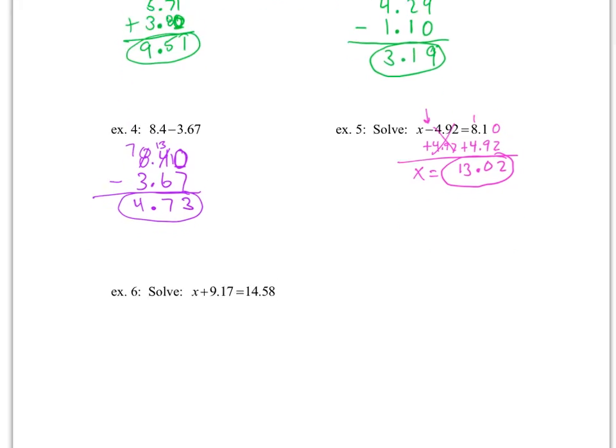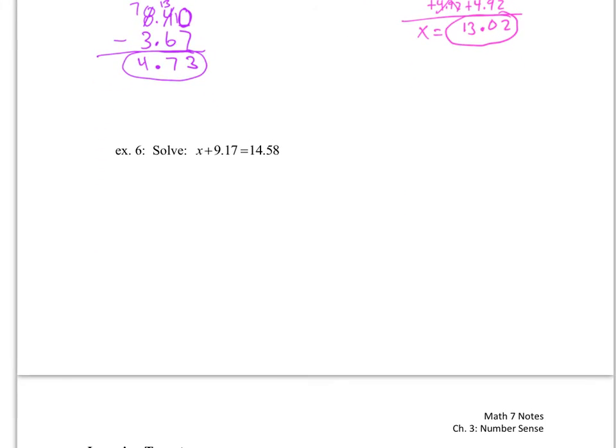What happens if you have an addition equation? Opposite of addition is subtraction. So x plus 9.17, we're going to subtract 9.17. Those cancel. We did it on the left, we must do it on the right. 8 minus 7 is 1. 5 minus 1 is 4.